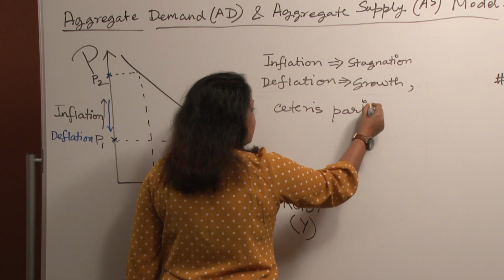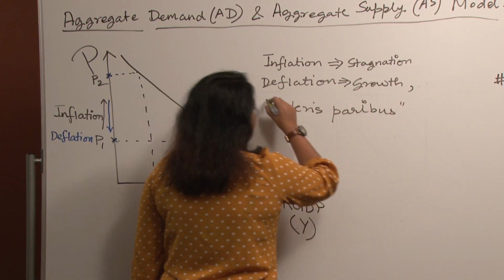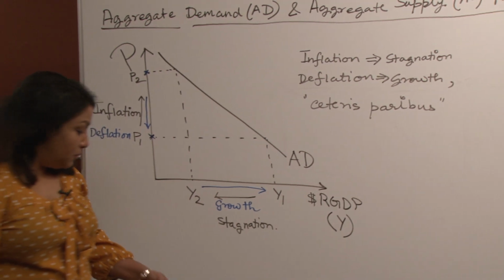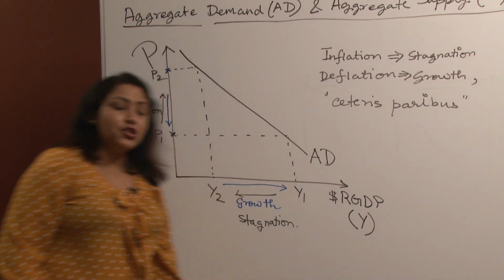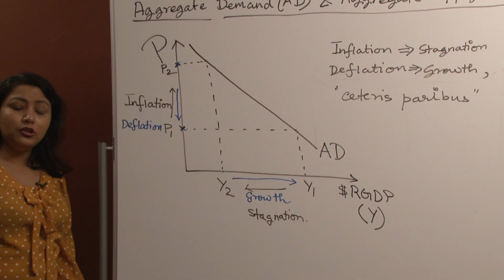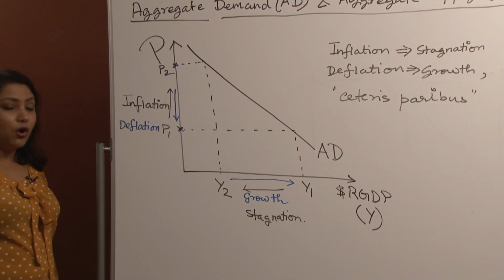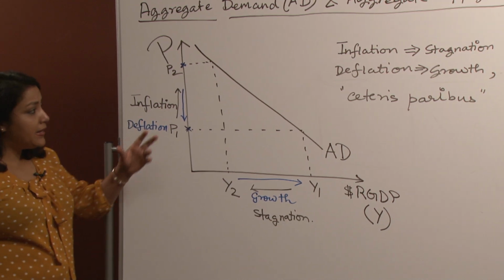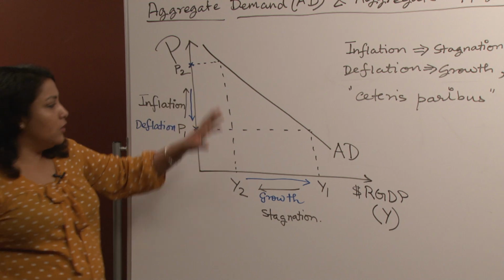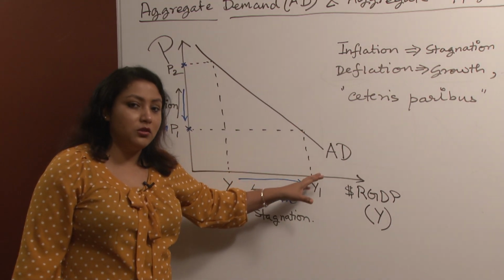That means given ceteris paribus. Okay, everything else in the economy staying the same, inflation would cause stagnation and deflation would cause growth in the economy. Now, we are getting that relationship because the aggregate demand curve is downward sloping.